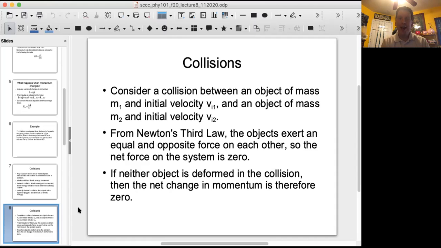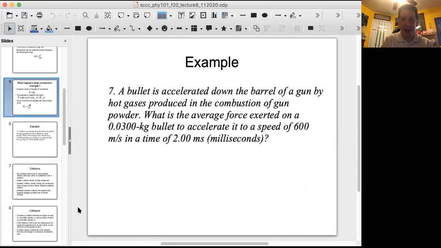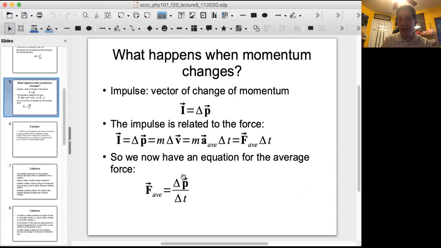But let's go back a couple of slides to F average equals delta p over delta t. This equation applies to individual objects, and it applies equally well to systems of objects.